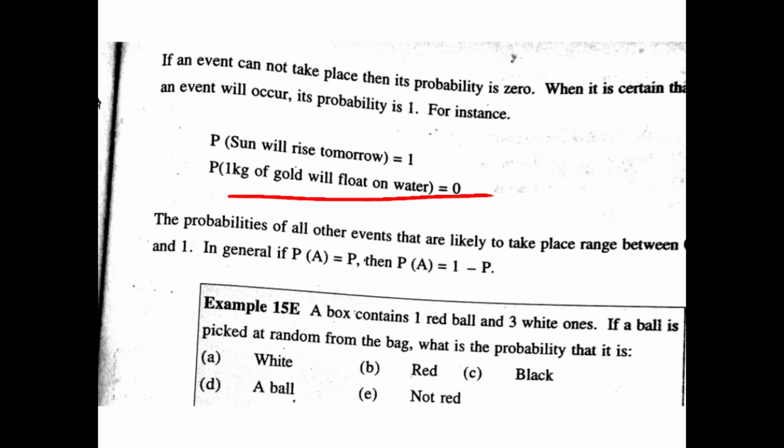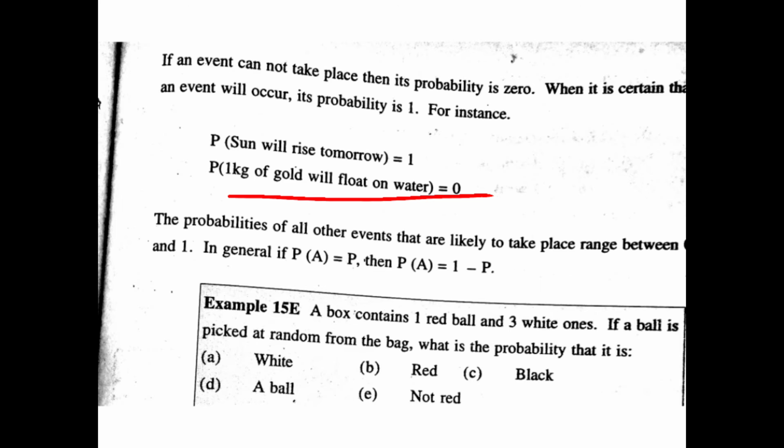Let's try this example to practice what we've just discussed. A box contains 1 red ball and 3 white balls. If a ball is picked at random from the box, what is the probability that it is A, white, B, red, C, black, D, a ball, E, not red?